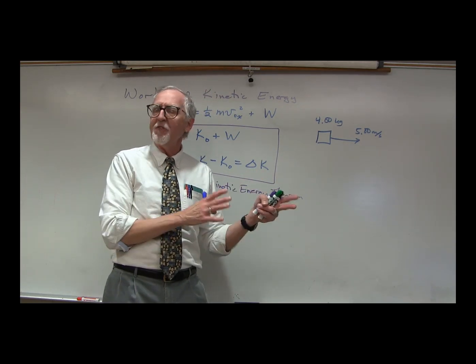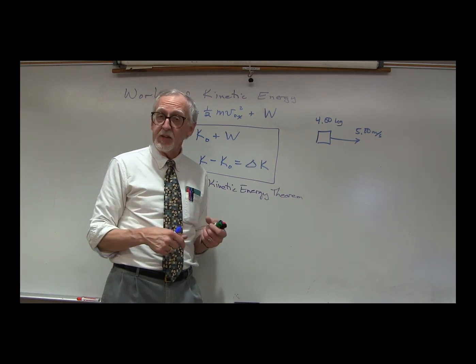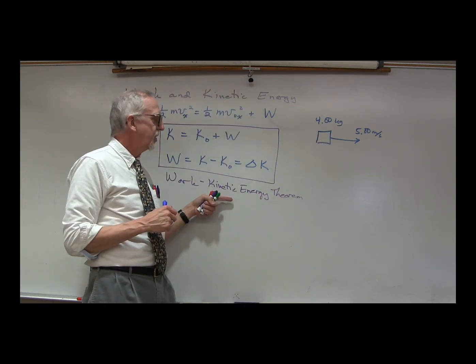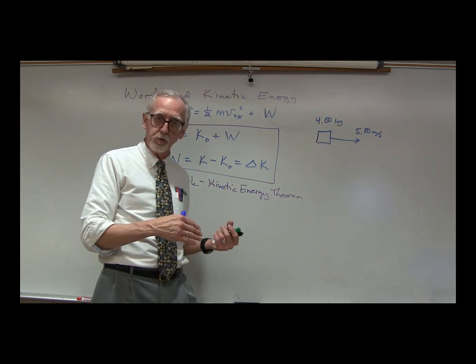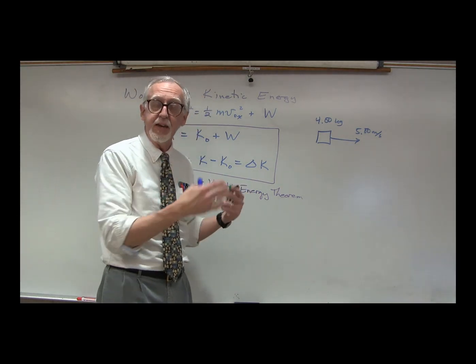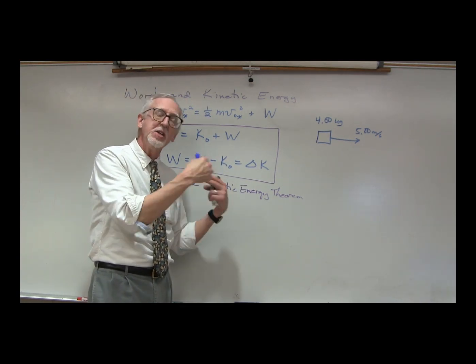Objects can have different kinds of energy that we'll see as we develop some of these ideas. But the first kind of energy that we're going to talk about now is kinetic energy, energy of motion. One way of thinking of it is that an object has energy if it can do work. So if something can do work, it must have energy to do that work.